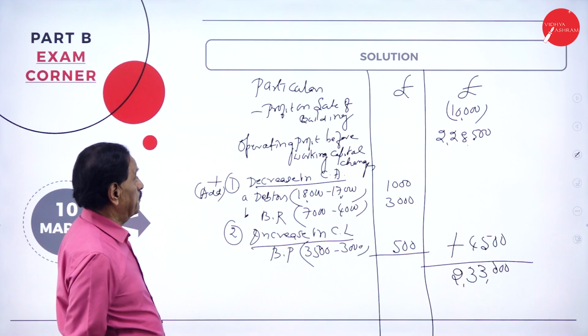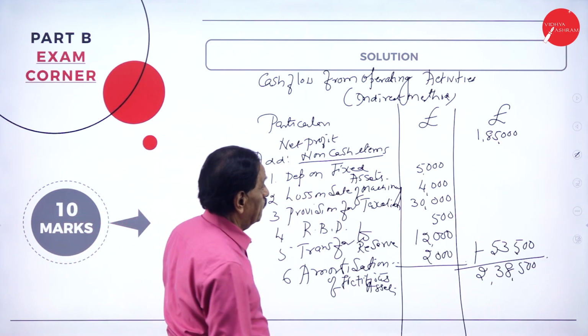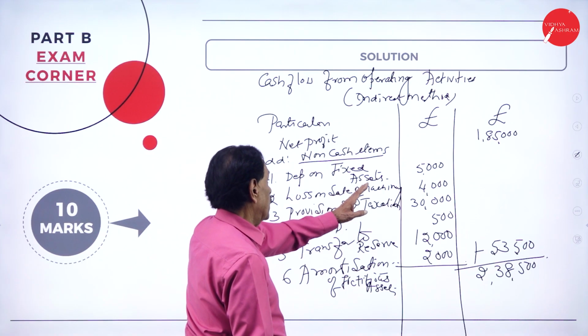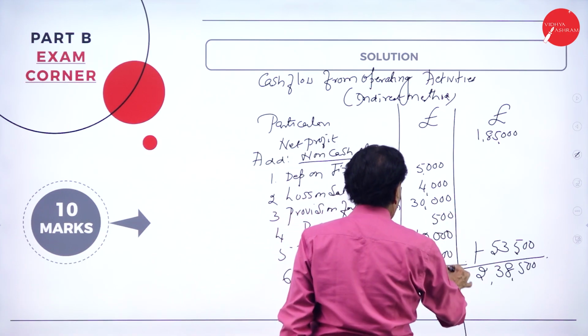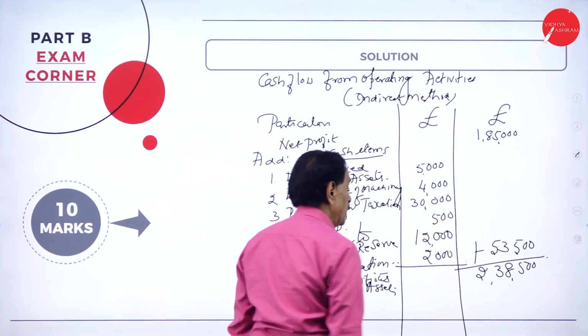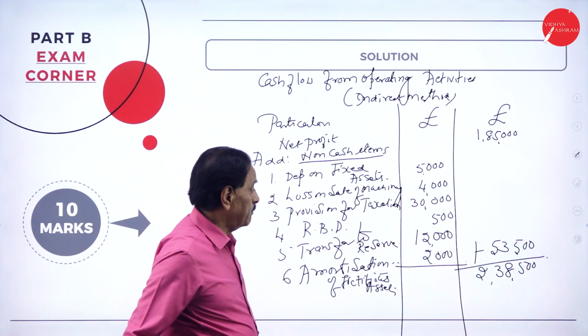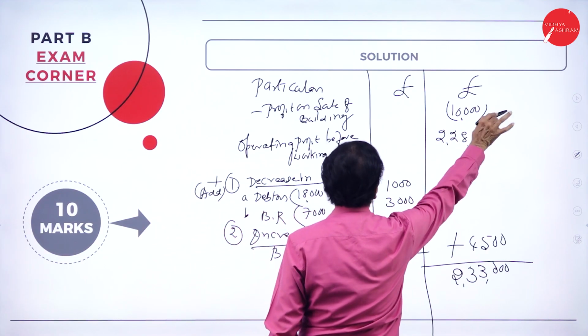Hope you understand. What's the procedure? Net profit, 1,85,000. Add non-cash items, depreciation on fixed asset. This is 5,000. 53,500 should be added, 2,38,500, minus 10,000 should be deducted.